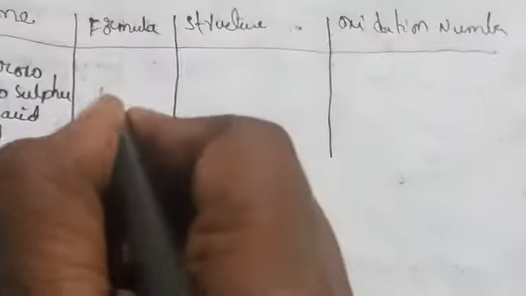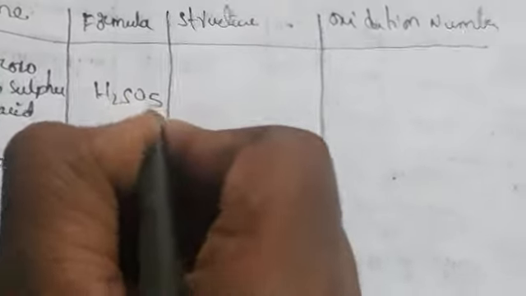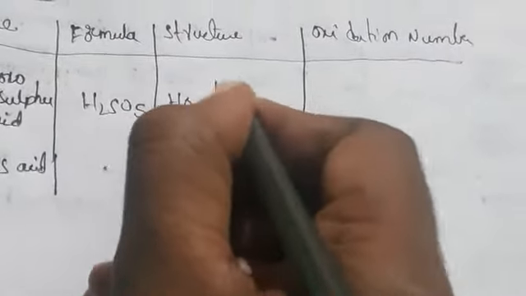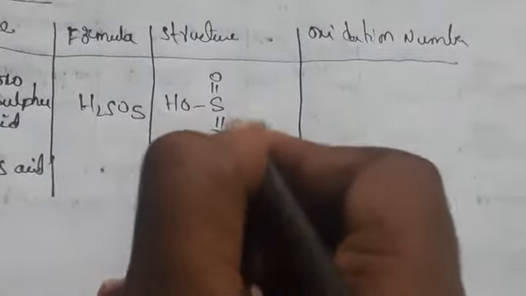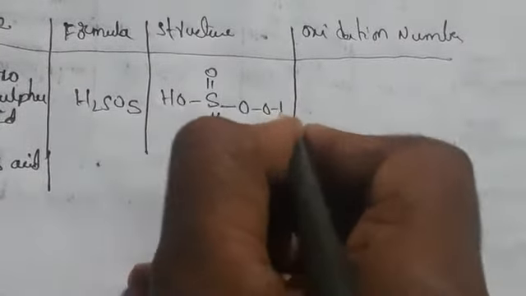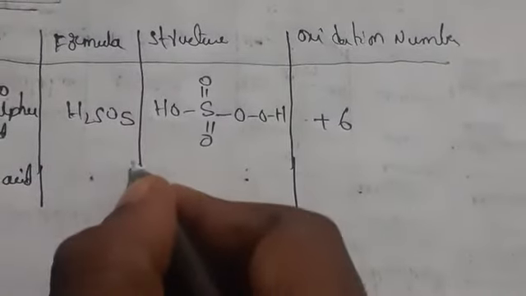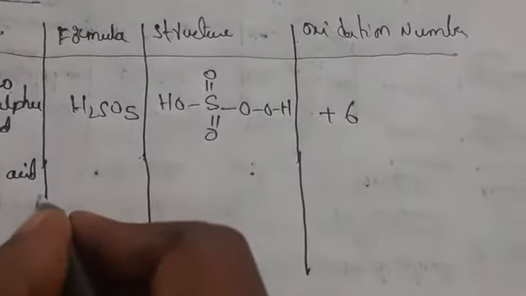Okay, the formula is here H2SO5, OH S double bond O, double bond O, OH, and it is having oxidation state +6 is the oxidation state.